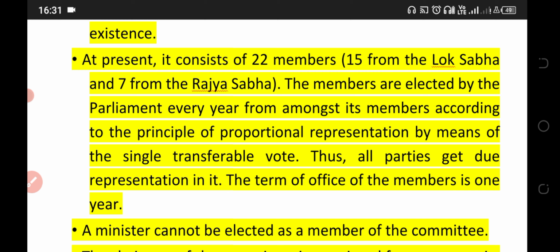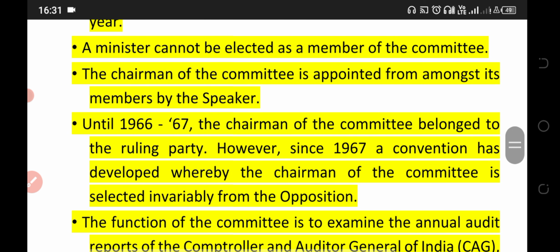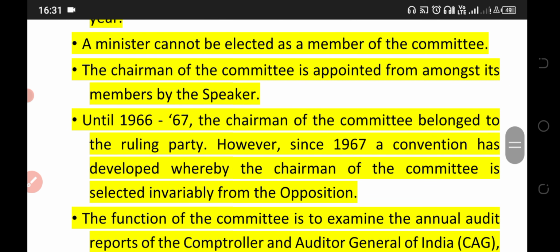The term of the members is 1 year. A minister cannot be elected as a member of the committee. The chairperson of the committee is appointed from among its members by the speaker.